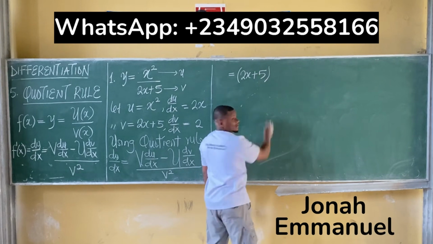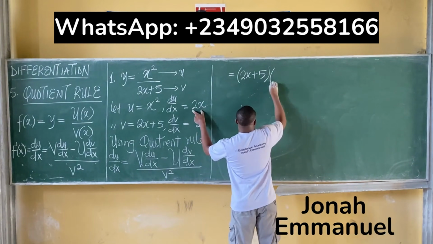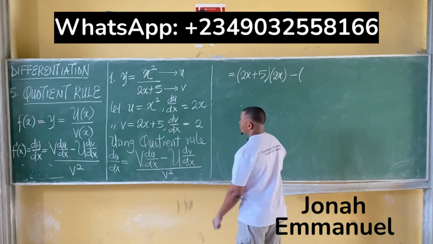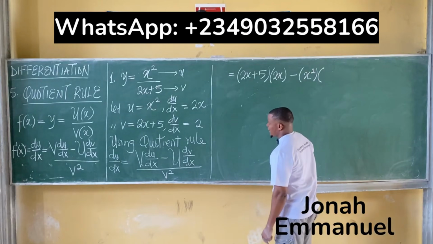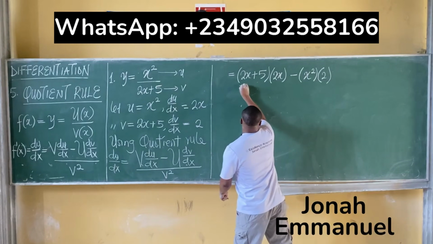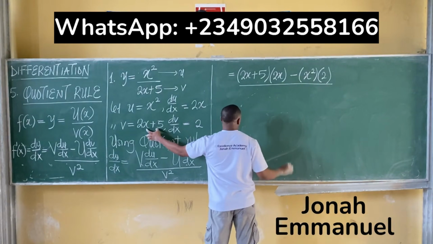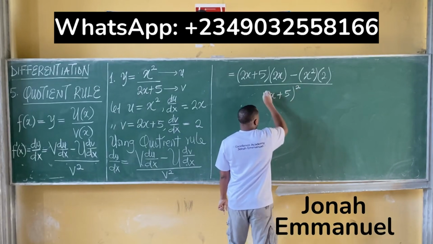That's v. After v, you have du dx. What's du dx? 2x minus u. What's u? X squared into the dv dx. What's the dv dx? 2 all over v squared. What's v again? V all squared.